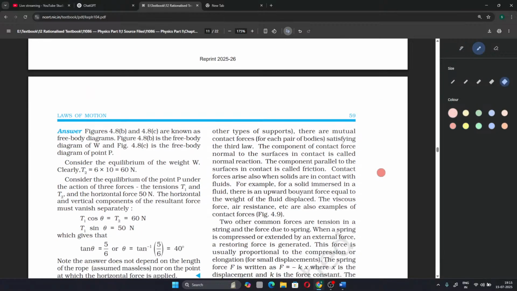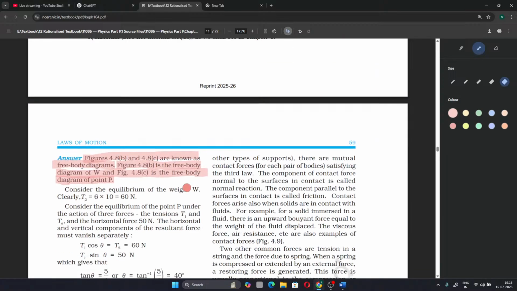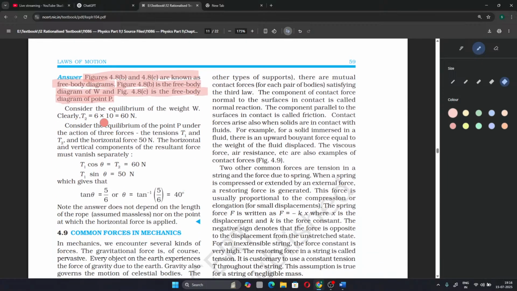Figures 4.8b and 4.8c are known as the free body diagrams. Figure 4.8b is the free body diagram of W, basically the weight, and figure 4.8c is the free body diagram of point P. Consider the equilibrium of the weight W. Clearly, T2 equals 6 into 10, 60 Newton.